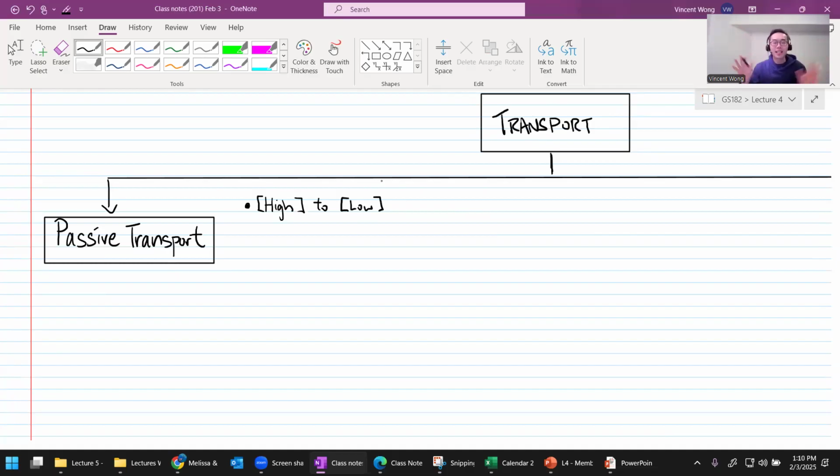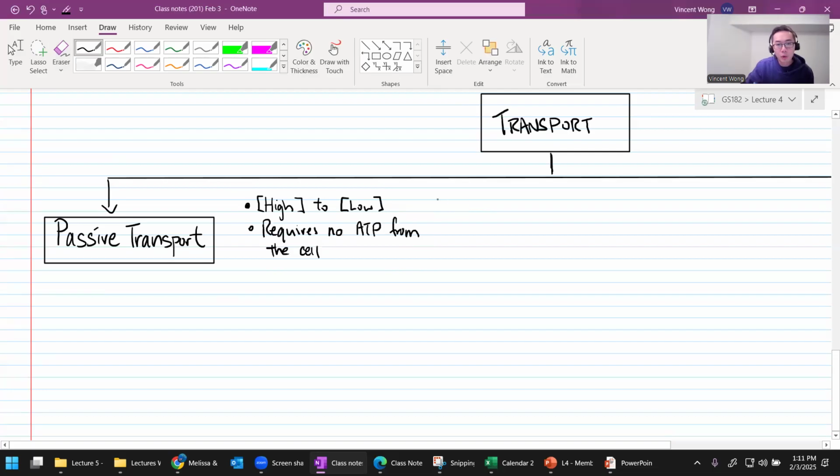But now we're not focusing on the water. We're focusing on the red dots or the purple dots. We're saying if the red dots and the purple dots can move across the membrane, where will they go? They would naturally go from high to low concentration, and that requires no ATP from the cell. Okay, this is called passive transport.